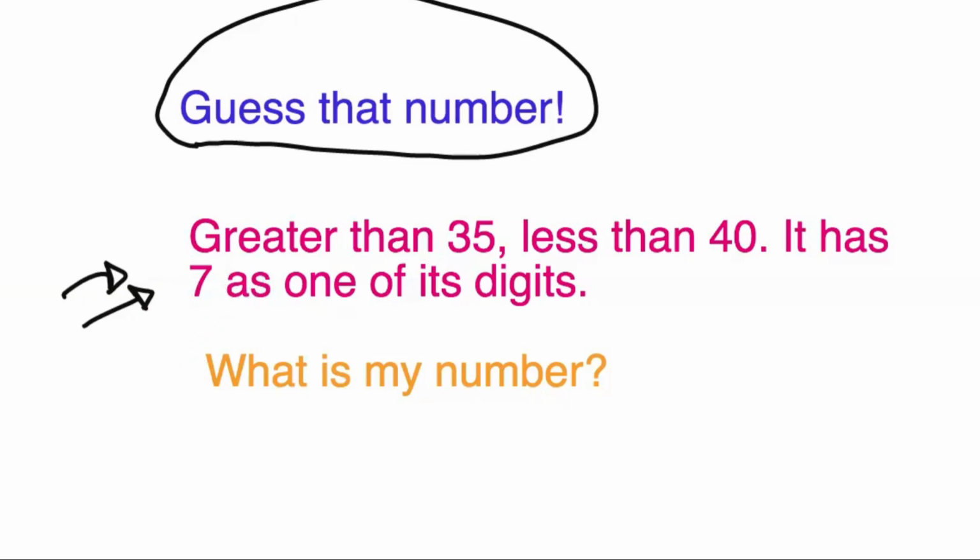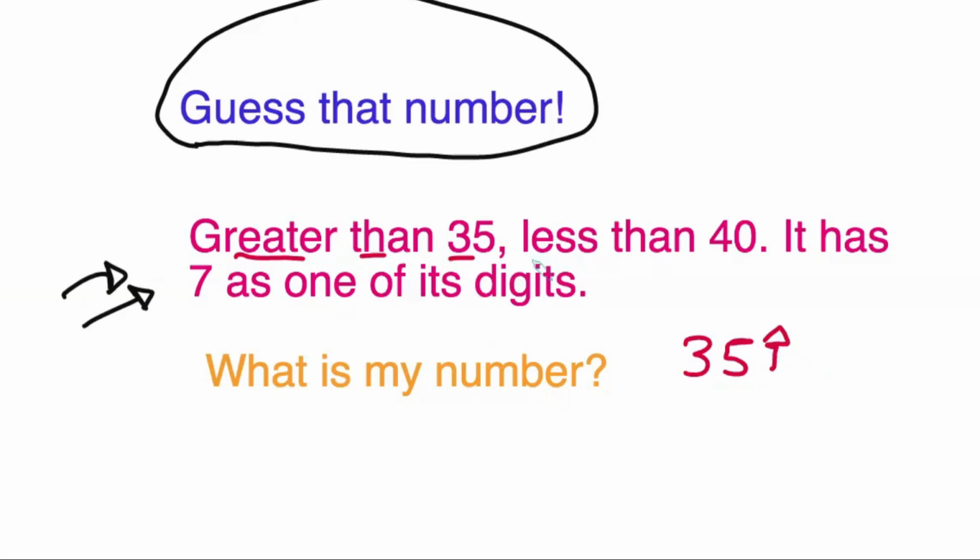Okay, here we go. Let's read out this statement and see if you can work out what my number is. The number that I have in my head is greater than 35. So let's pop 35 here. It's higher than 35, okay?